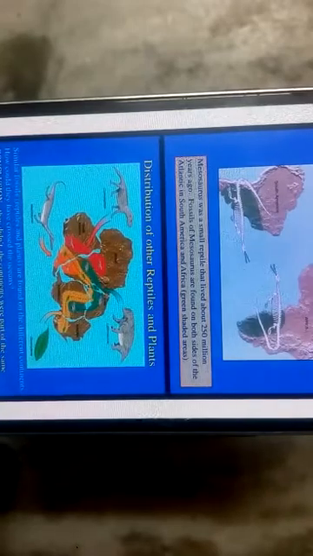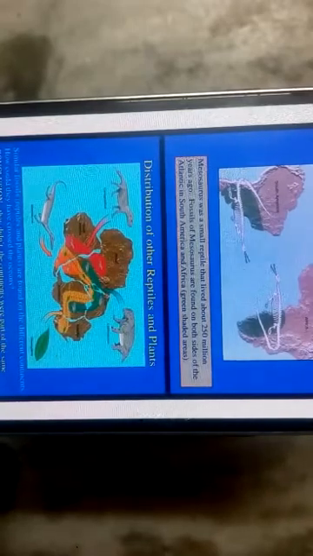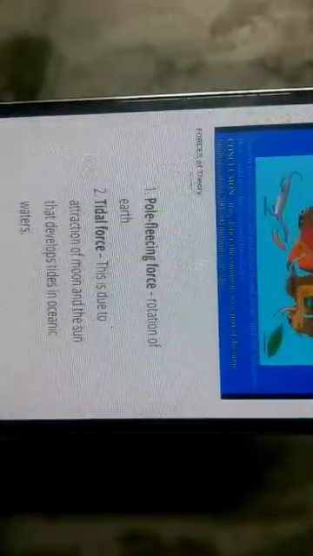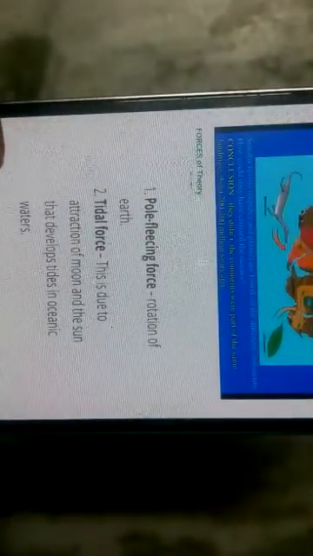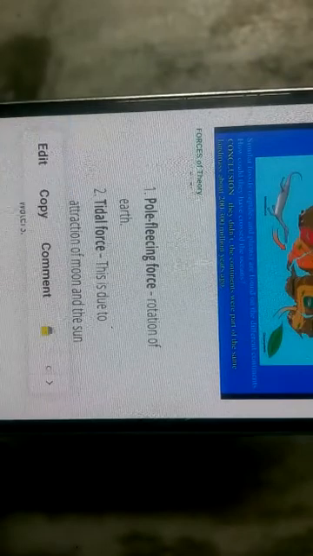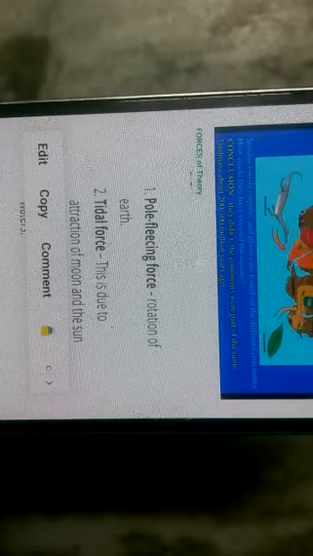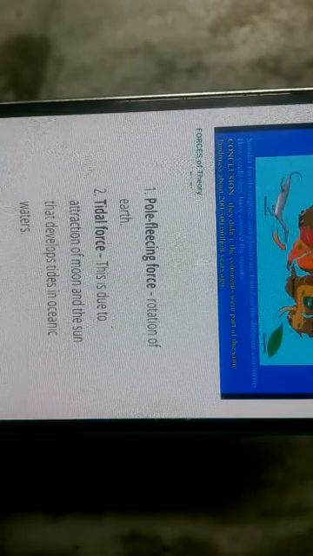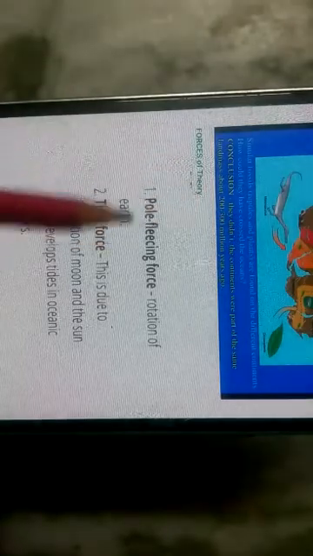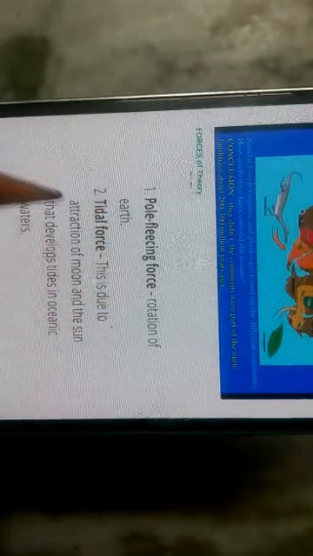The forces responsible for the drifting, according to Wegener, this entire theory given by Wegener, you note that all these forces were given only by Wegener. The first force is the polar fleeing force, and the second is the tidal force.